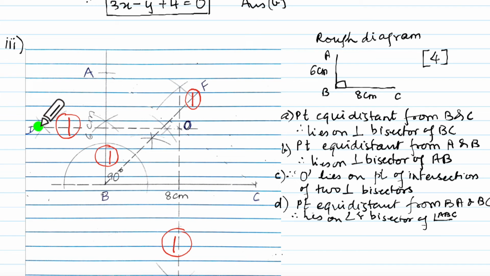Same radius we draw the arc here and draw the arc here, and we join it up, and where the two meet, that will be point O. O is the point of intersection of these two bisectors. So to get this bisector, that is 1 mark. To get this bisector is 1 mark. To get the point of intersection here, to mark that as O.